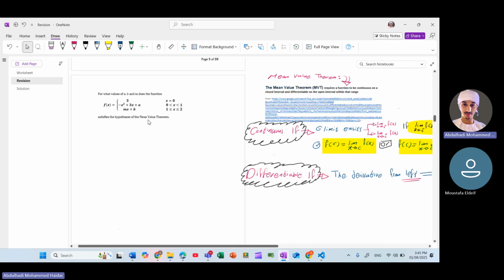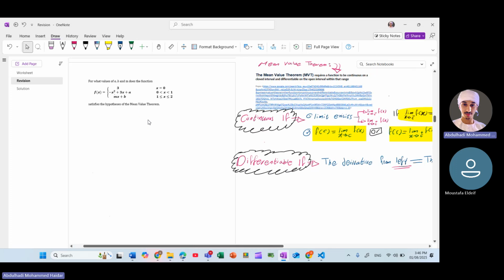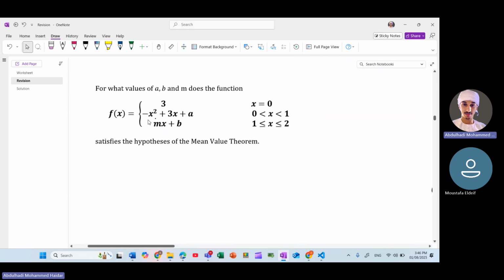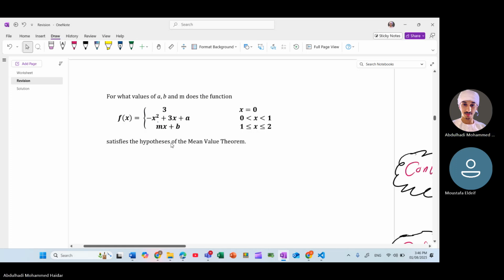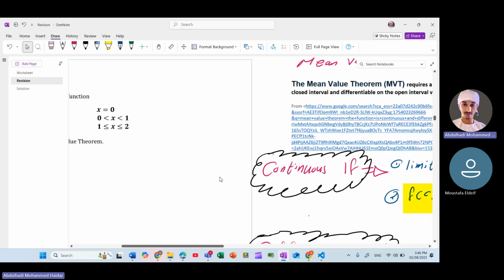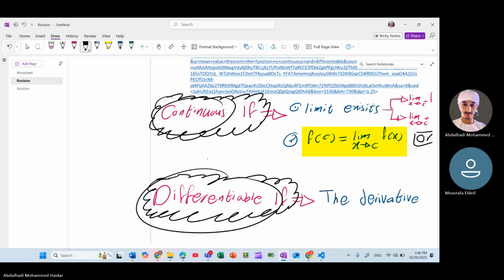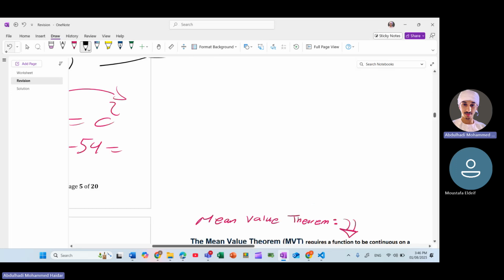The last question, which is this one: how can we solve it? This is an easy question, but you have to know what the mean value theorem is. The mean value theorem has two things. The function has to be continuous and differentiable.